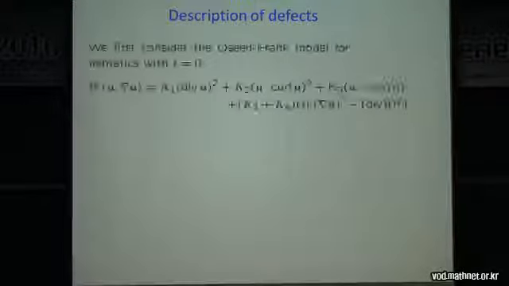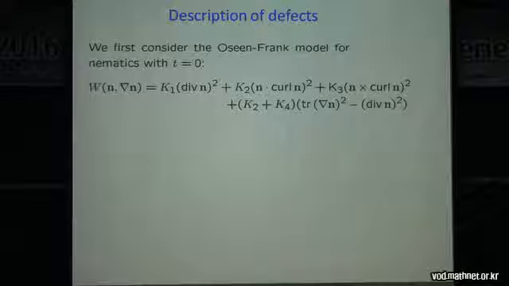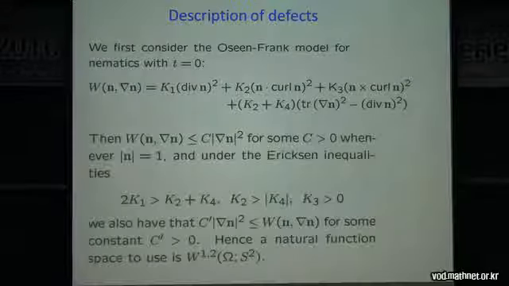Okay. So now I've already touched on the description of defects. So let's consider the Oseen-Frank theory for nematics. So there's the energy again. Then it's obviously bounded above by a constant times the gradient of n squared. And then if you make these assumptions, so-called Ericksen inequalities, then it's also bounded below by some other positive constant. So a natural function space for this would be, you think, W^{1,2}.